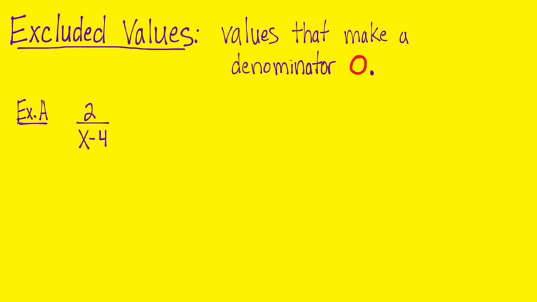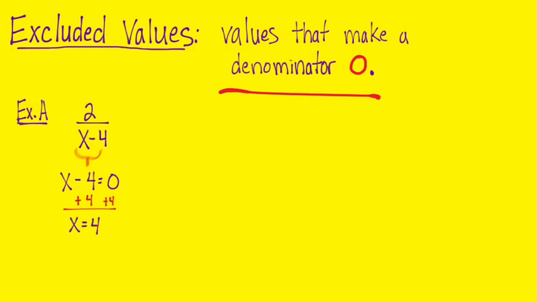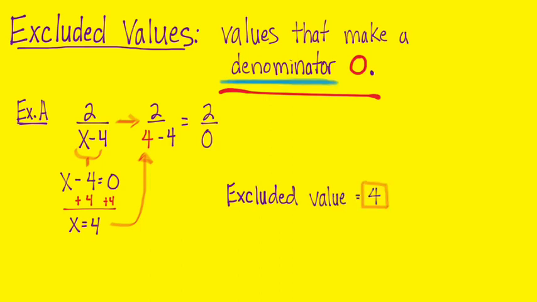So if I just have 2 over x minus 4, the only value that x cannot be would be 4, right? Because if it was 4, it would be 4 minus 4, which would be 0, and 2 divided by 0 is undefined, so it's excluded. The only value we cannot have for x would be 4.